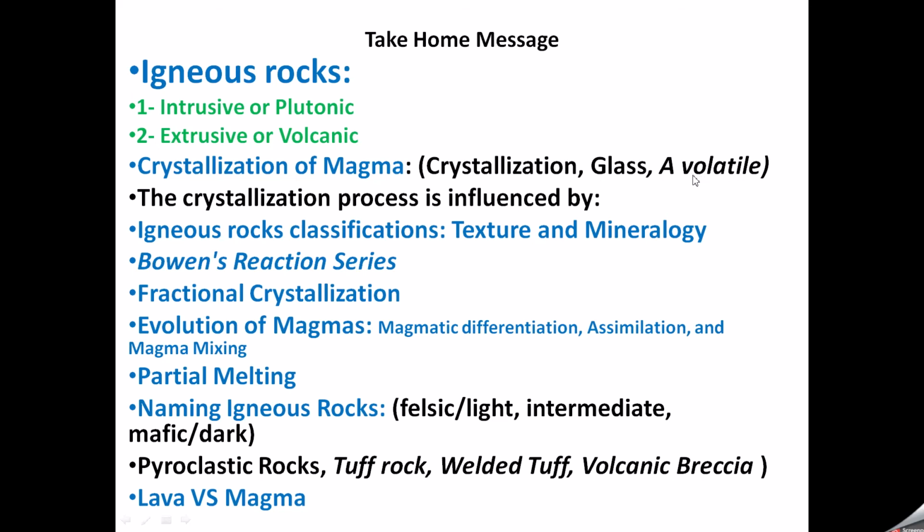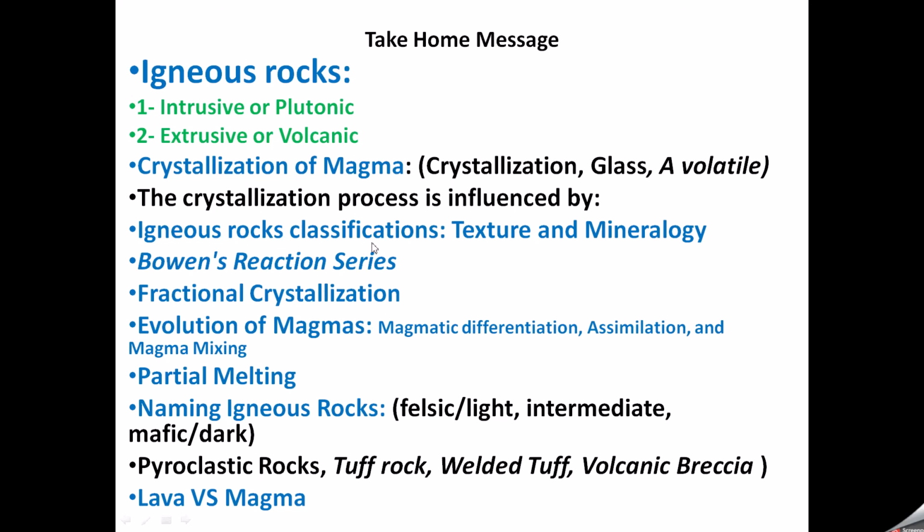We defined all of them, and we looked at how the crystallization process is influenced by the rate of cooling, the chemical composition of the parent rock, the environment, and the amount of volatile material, gases.